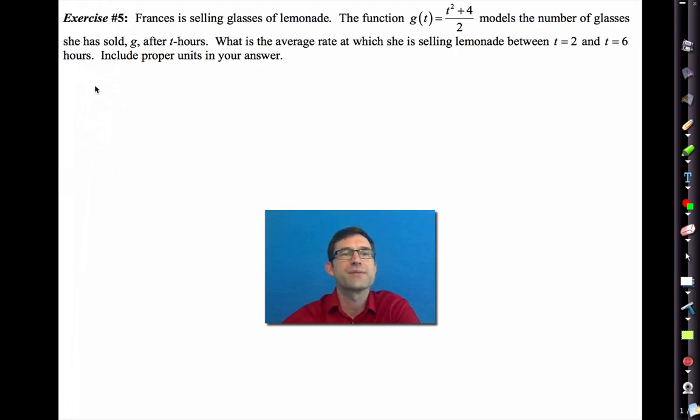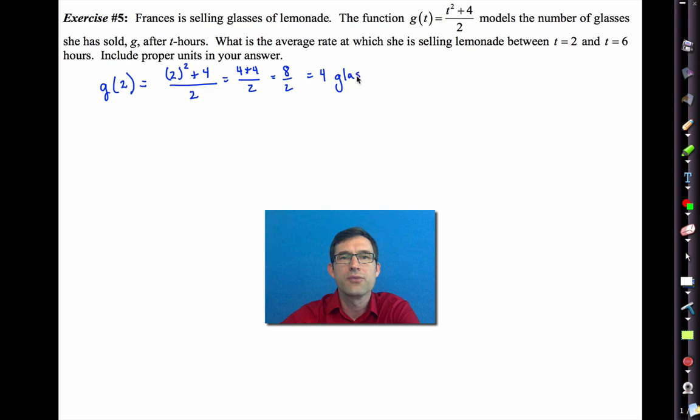Include proper units. Well, let's figure out how many glasses she sold after 2 hours. According to our formula, that would be 2 squared plus 4 divided by 2. 2 squared is 4, right? 2 times 2. So now I get 8 divided by 2, which is 4. Now watch me keep track of units, though.